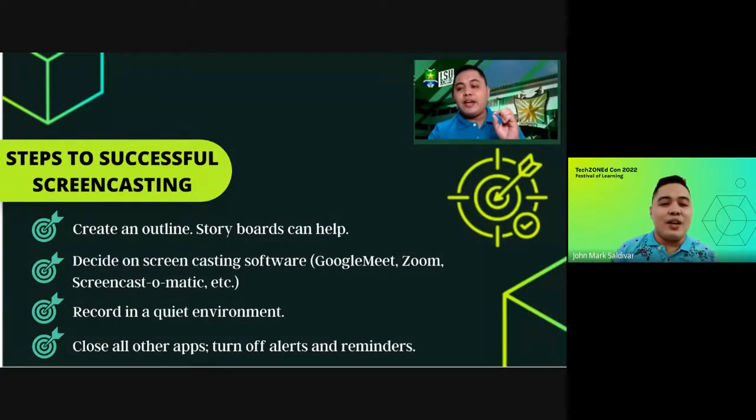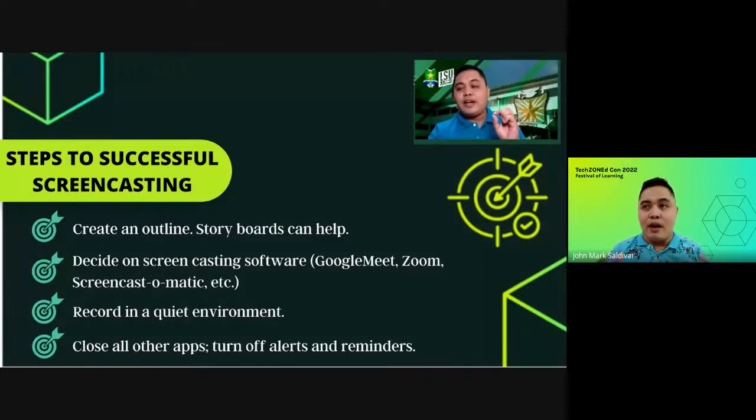So you create an outline. What are the things that you're going to include? Much better if you have storyboards. The storyboard is basically just like a script. For example, if you have a PowerPoint presentation, what will you say in this particular slide? And then when you flash the next slide, what will you say in that slide?